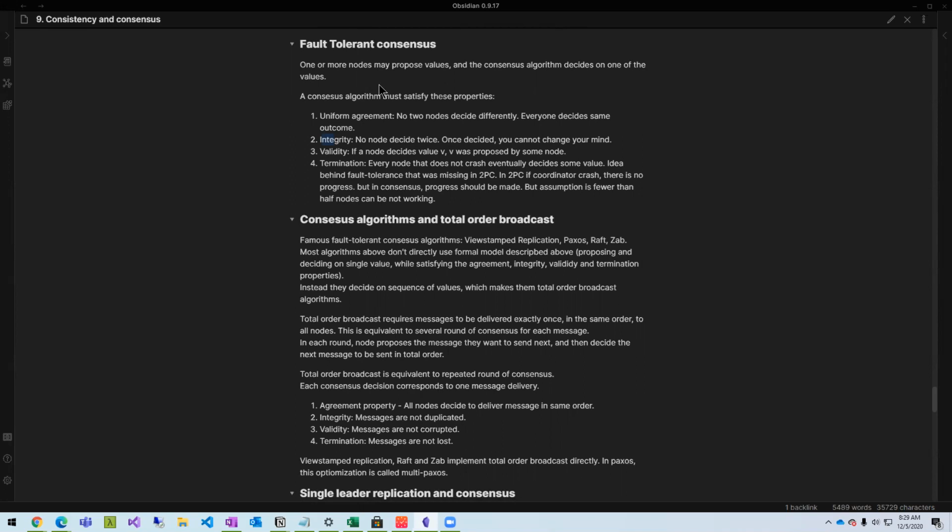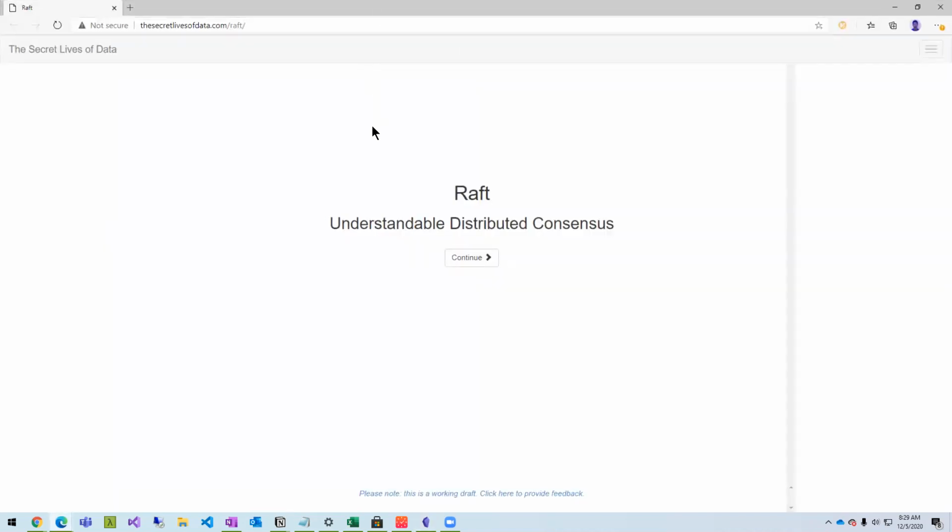And now I was thinking that before we actually jump into the theory of what the consensus algorithms are, we just go over this Raft diagram of how it works in consensus, because once we go over this animation, then many of the things written in the book will get very clear.